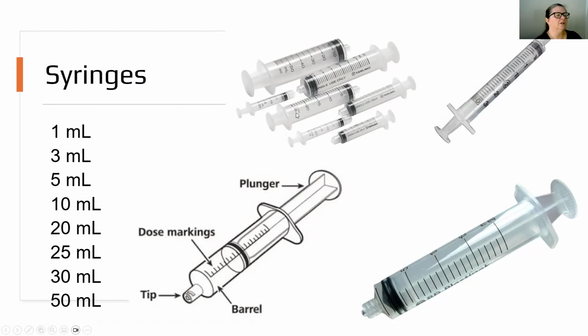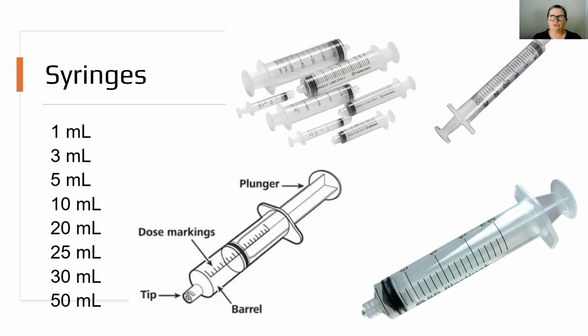There's a 25. Okay. The most common that you will be using for injections is a 3 mL, a 1 or a 3, depending. And this is what a 3 looks like as well. Primarily because we just don't inject more than, say, two.